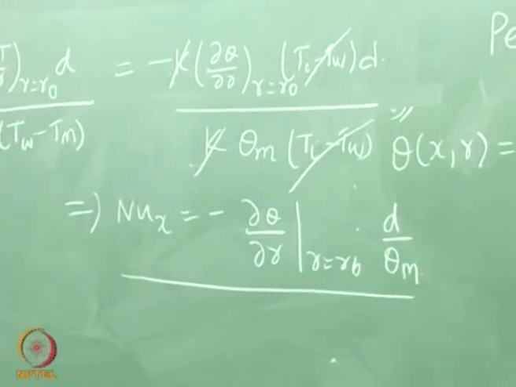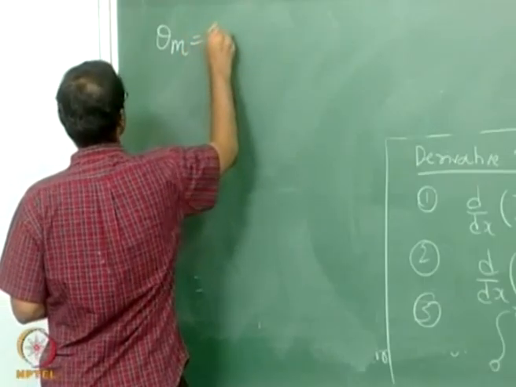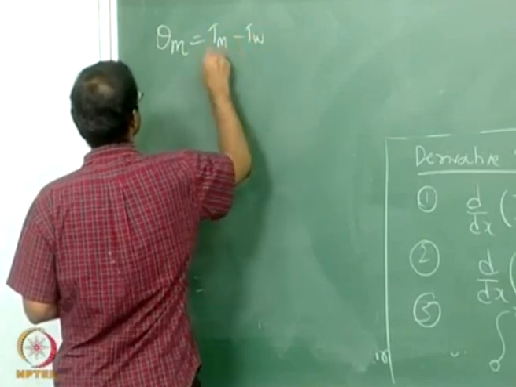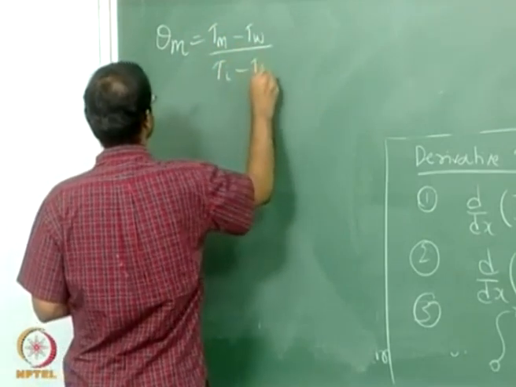So your theta m is nothing but your Tm minus T wall by Ti minus T wall.